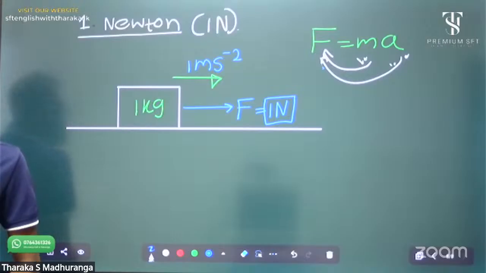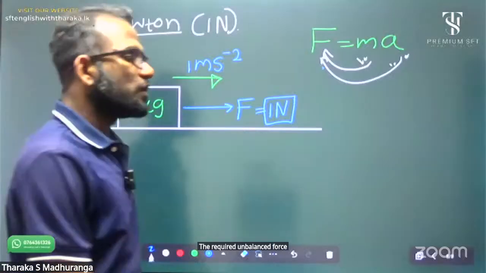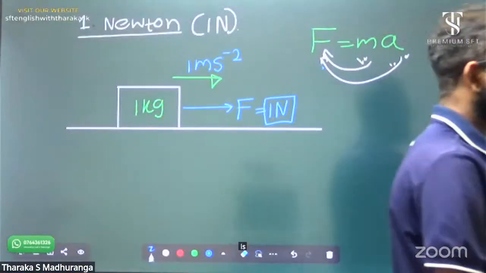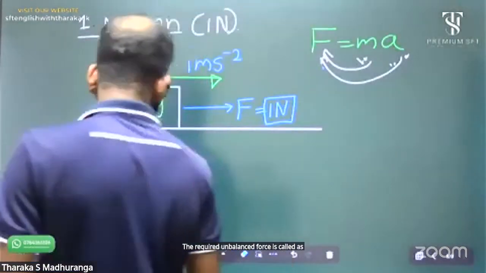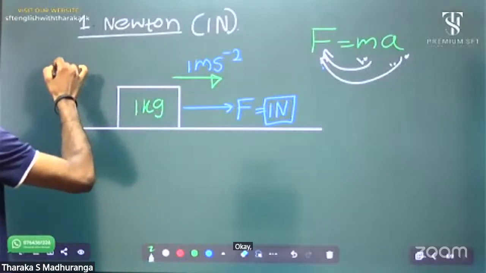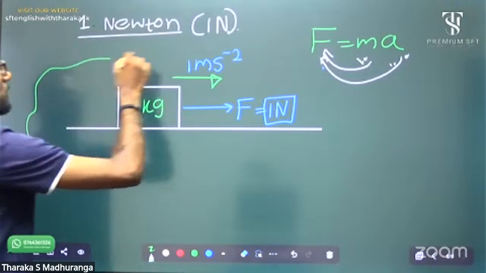The required unbalanced force is called 1 Newton. Okay, clearly draw this diagram.